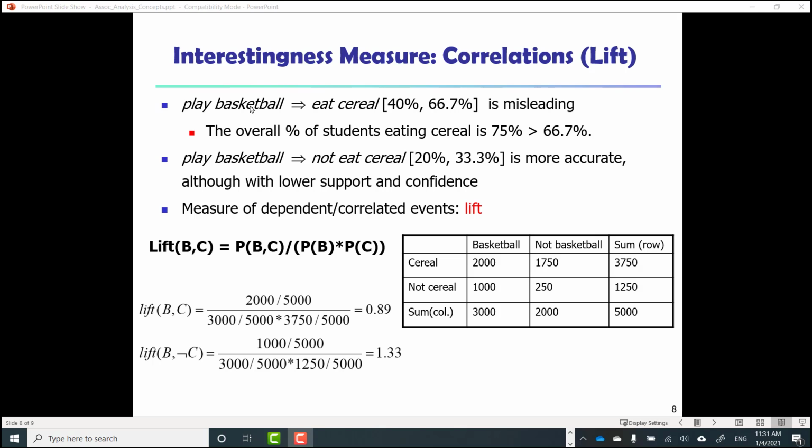What that means is people playing basketball, in a sense, reduces the consumption of cereal. So this rule is not a good idea.